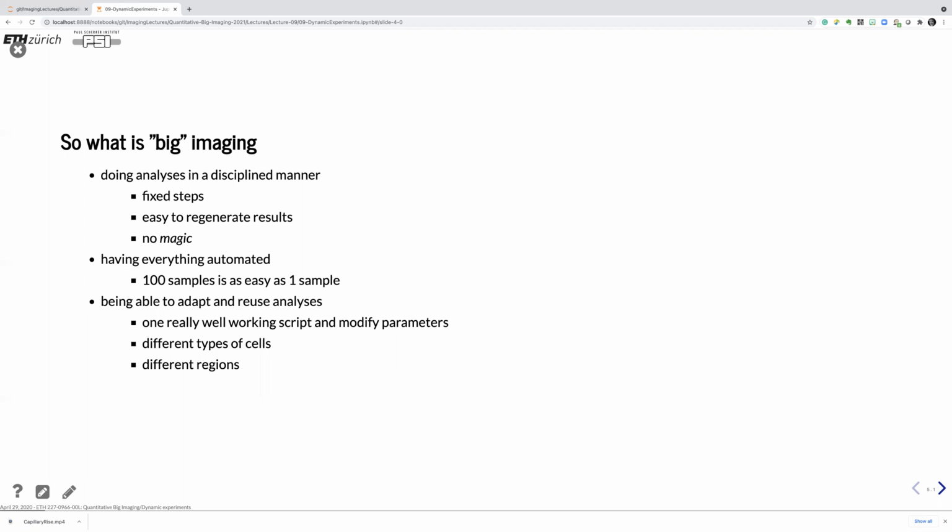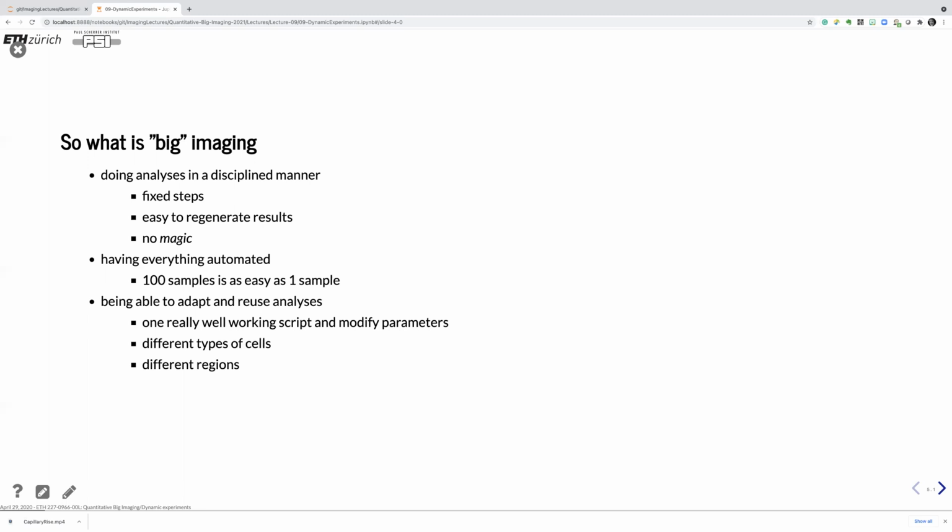And of course, the ability to adapt and reuse the analysis is always good, because what you once wrote is written, and if you have to redo that all the time, it takes you maybe one day extra every time.